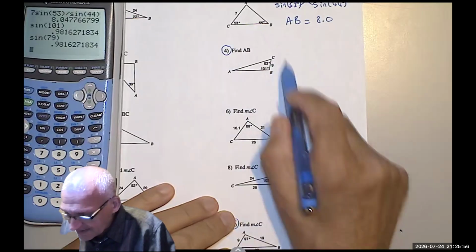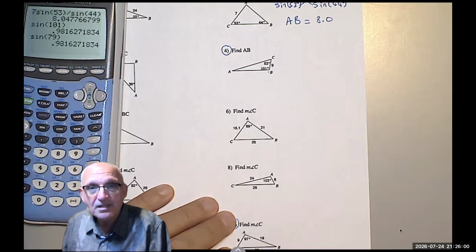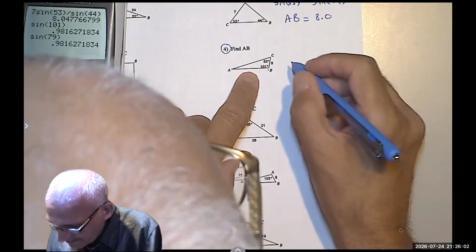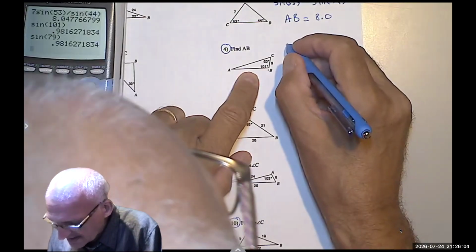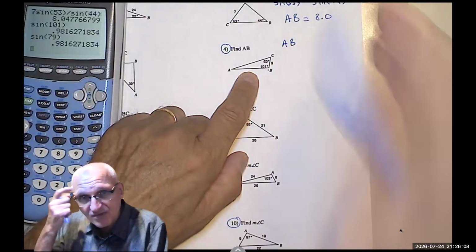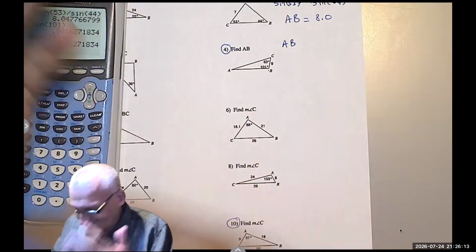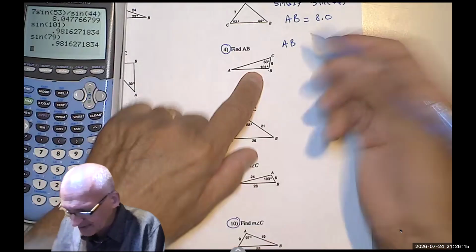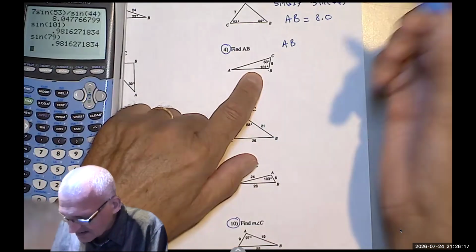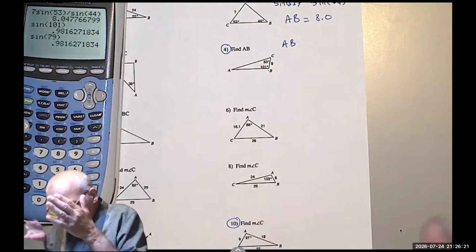Now, in this one, they want the length AB. We have a problem. If they ask for the side, I prefer to write the side on the top instead of in the denominator. It's not harder or easier, it's the same thing. I just want to let you know not to be very fixed.